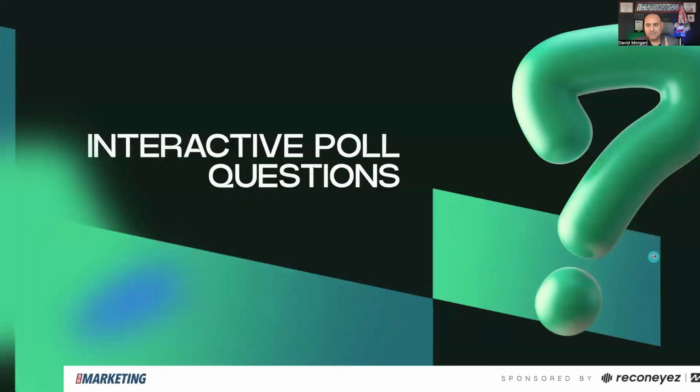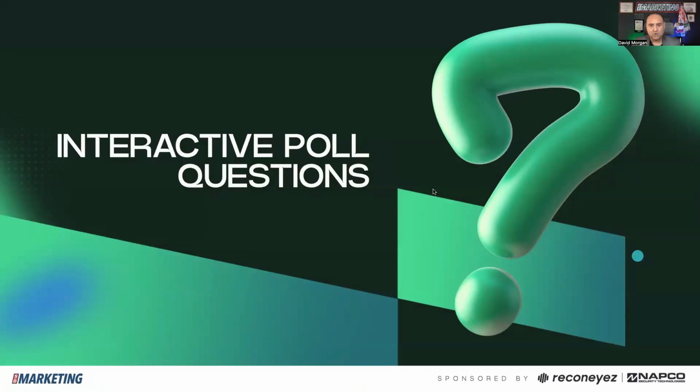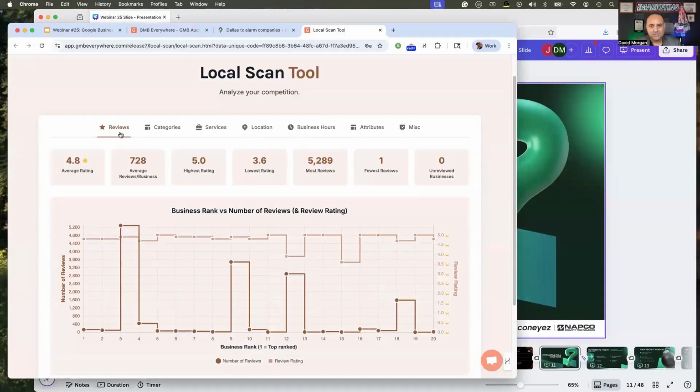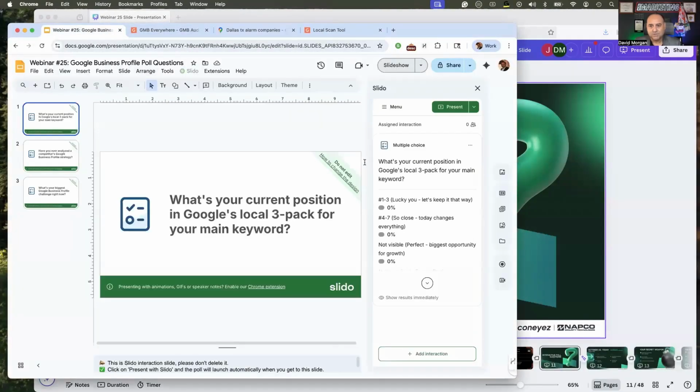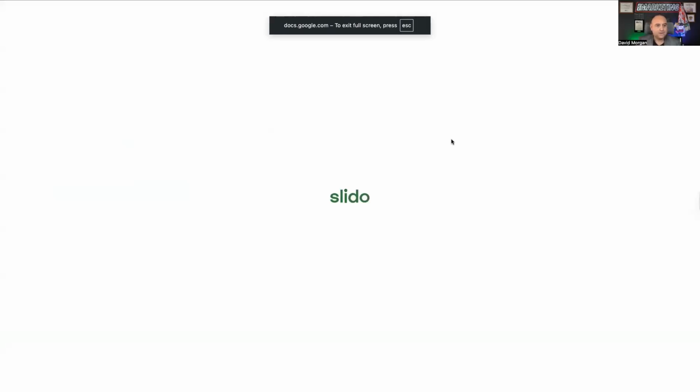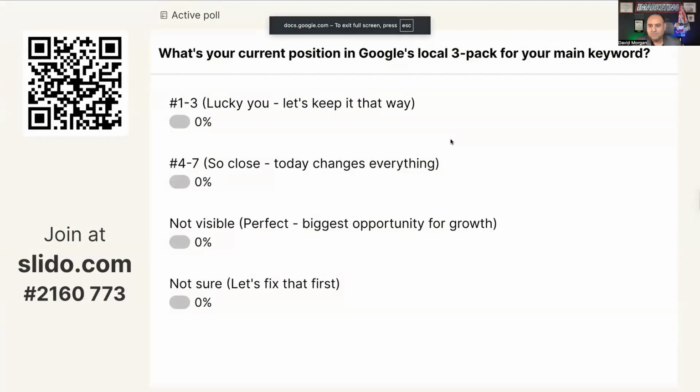Okay, I've got just a couple of quick poll questions, and then we're going to get into content here. So give me just a sec. All right. So this is once again where I'd like for you to get your phones out really quickly and scan this QR code. And if you could answer these questions honestly, the first question is, what's your current position in Google's local three pack for your main keyword?